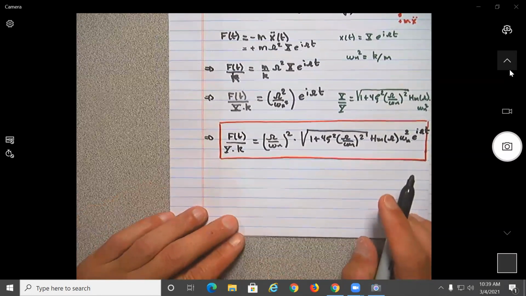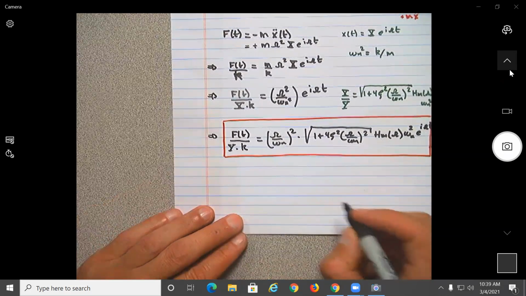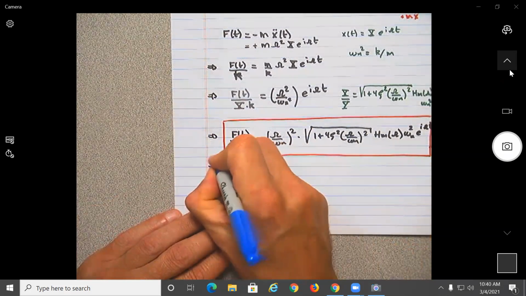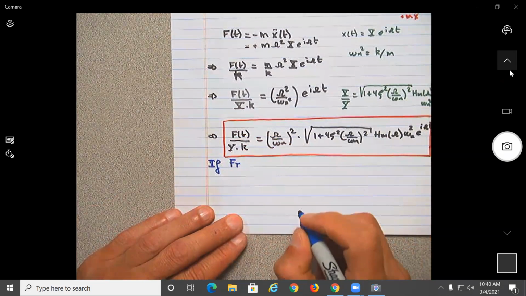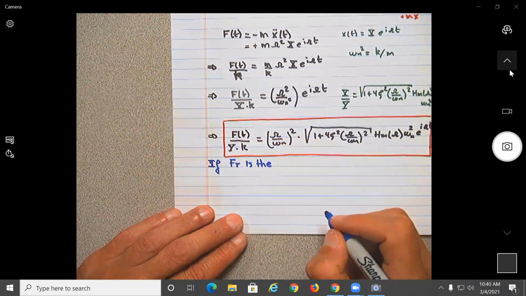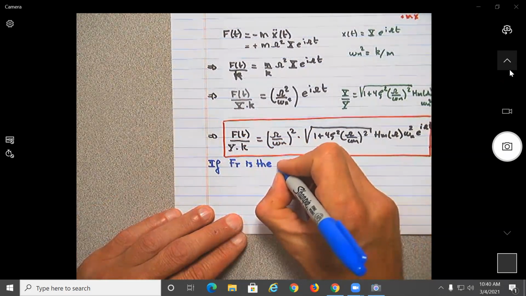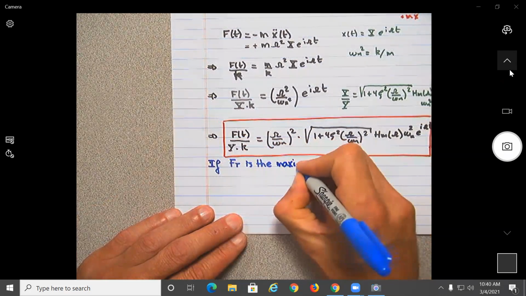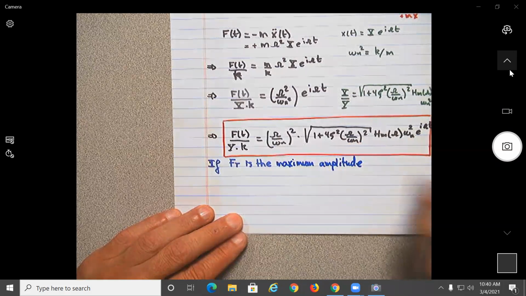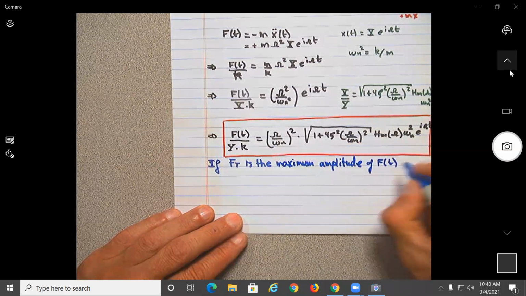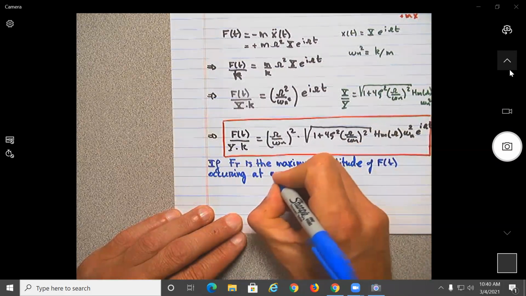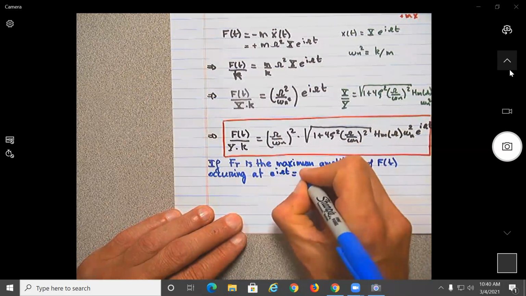Okay, so one more thing here. If f of t, for capital T, is the maximum amplitude of f of t, occurring at e^(i omega t) equal to 1, so that means what?